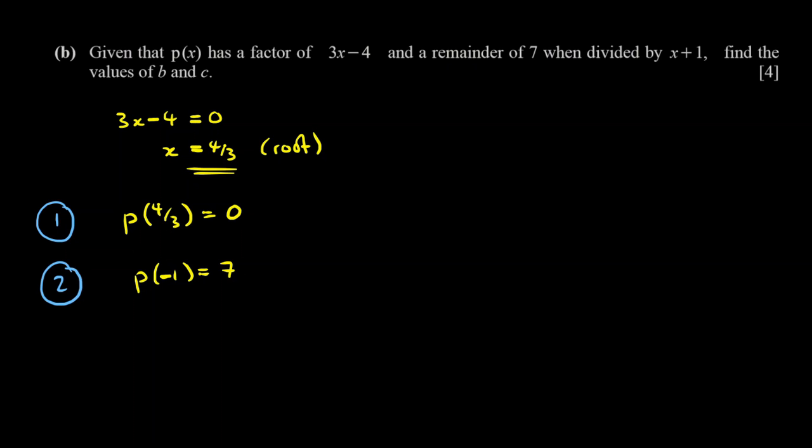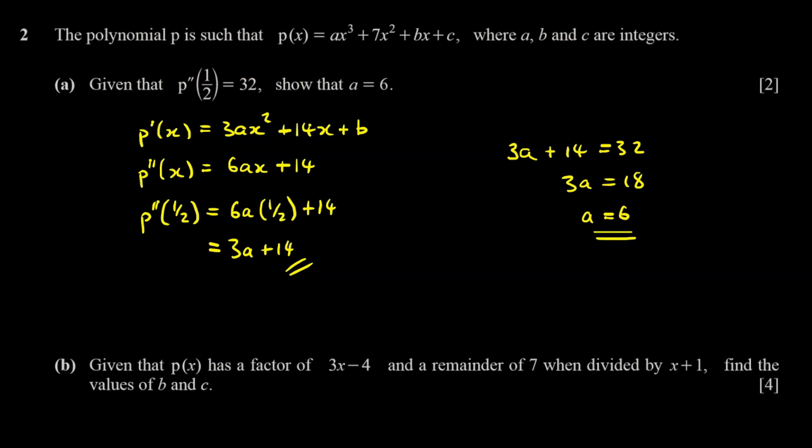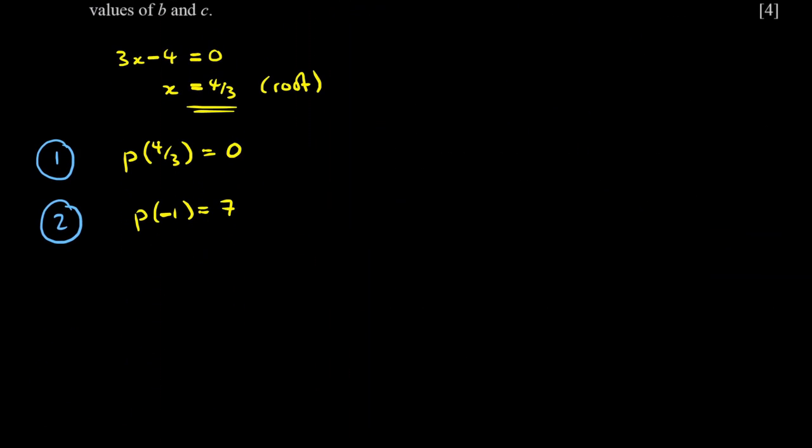So our polynomial is ax cubed plus 7x squared plus bx plus c. And of course we found out in part A that a is equal to 6, so we can replace that there with a 6.